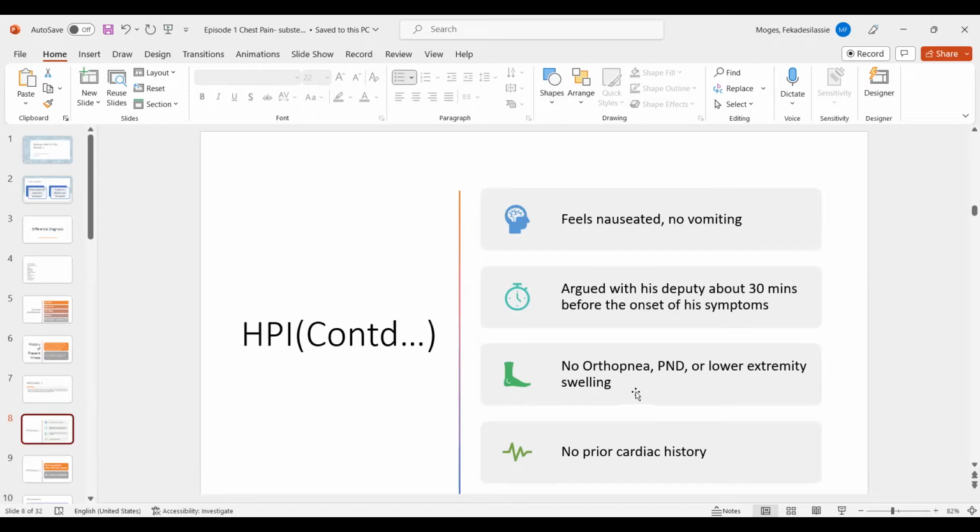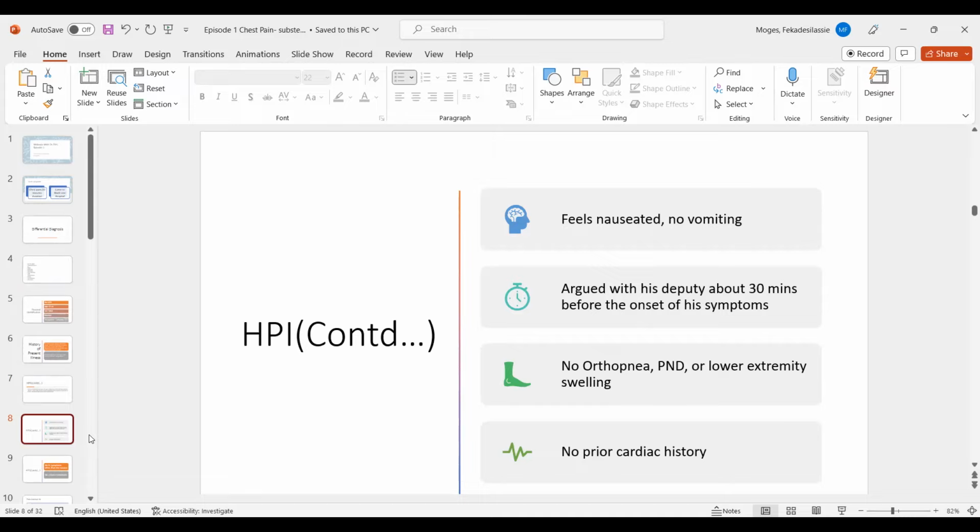You didn't ask me about orthopnea, PND, or lower extremity swelling. Is it important? Yes. Is it important, guys? Yeah, it's very important, especially if you are concerned about the possibility of heart failure. Always good to ask, be exhaustive actually.